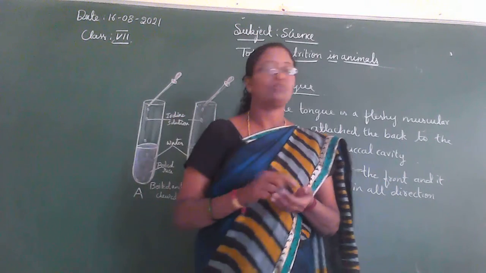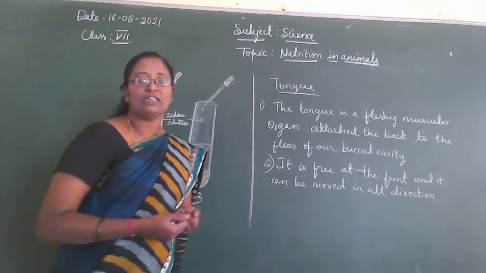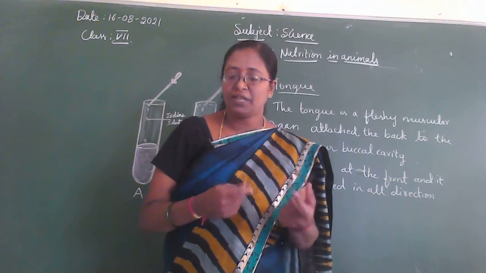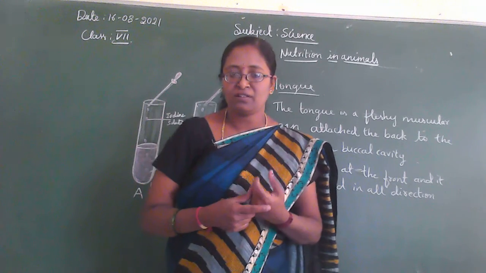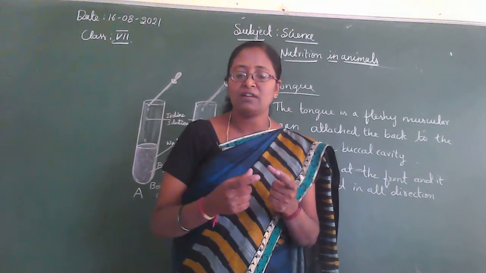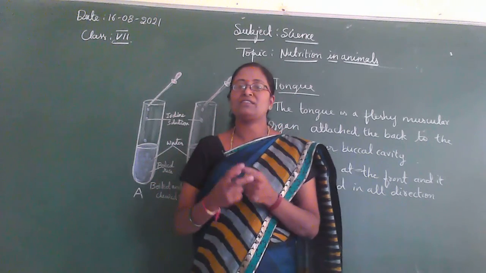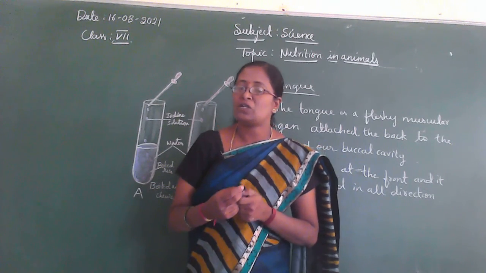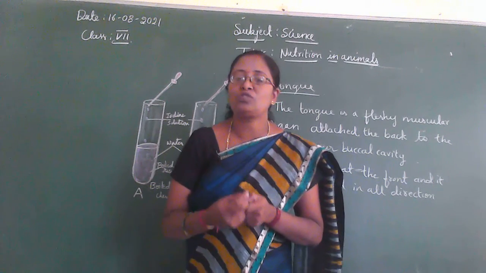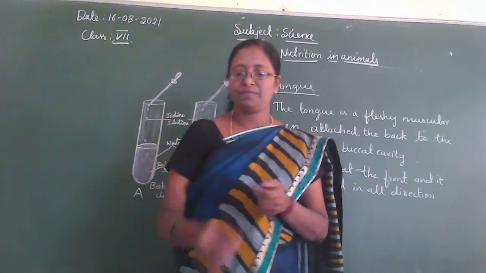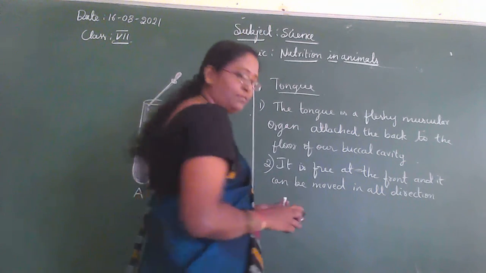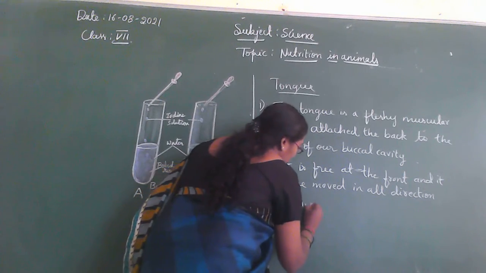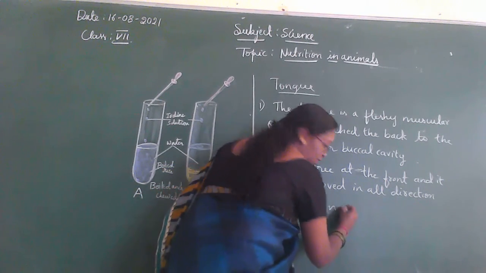So children, what are the functions of the tongue? We use the tongue to taste the food and for talking. This tongue helps for mixing the saliva with the food during chewing, and also it helps for swallowing the food.